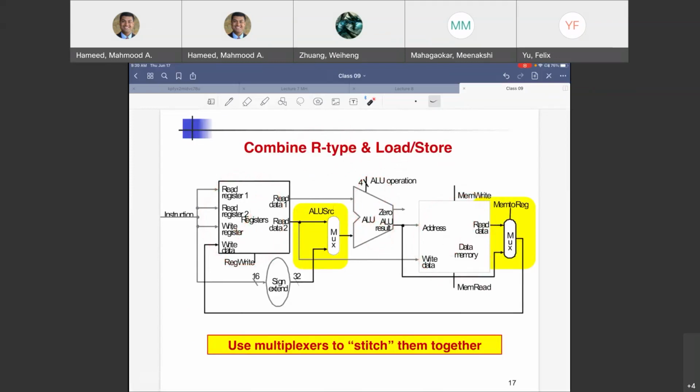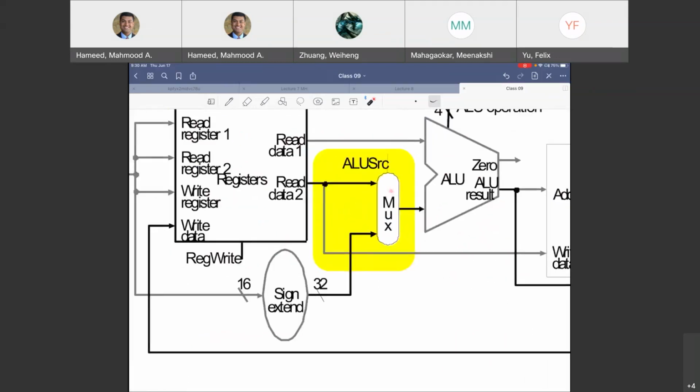Now, our ALU source, you see this? One ALU source is from the register file. That is always going to be there. But the second ALU source could either be read data 2, which is one of the registers in the register file, or it could be this 32-bit sign extended.